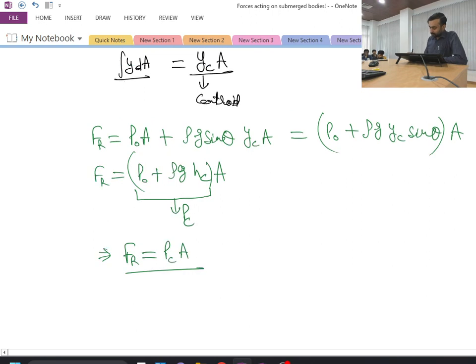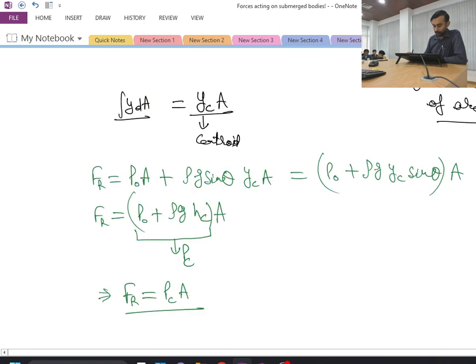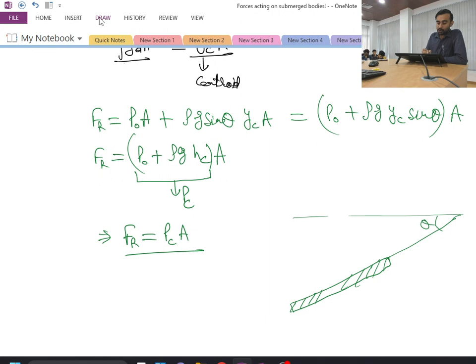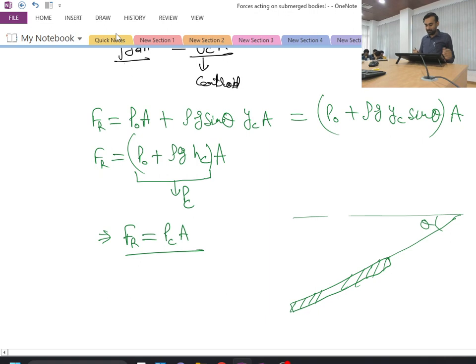Now let me tell you one more important aspect. So this is a planar surface, okay, which is submerged at an angle theta. Let me draw it again over here. So this is the side view of the surface, and it is submerged under the free surface, and it is at an angle theta. So if I have to draw the pressure profile over this, it will look something like this.